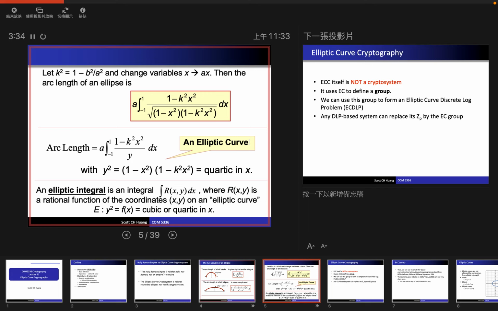So what's funny was now we have a really big jump. This is a quartic equation, which means the degree is 4. That's because of the elliptic integral. When you change variables, you have a square root there and a square inside, so generally you have an equation of degree 4.